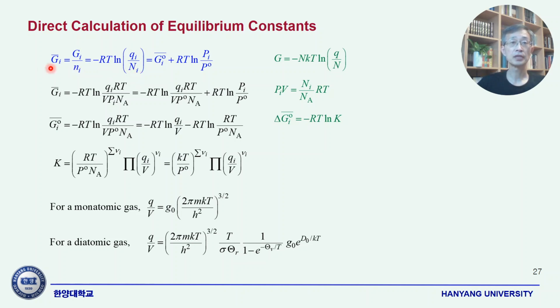And then this G_i is G_i naught plus RT ln P_i over P naught.